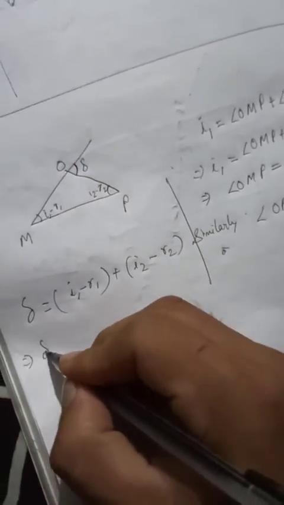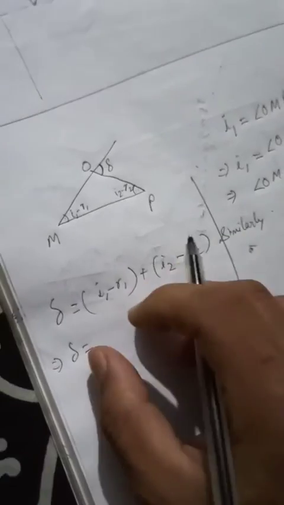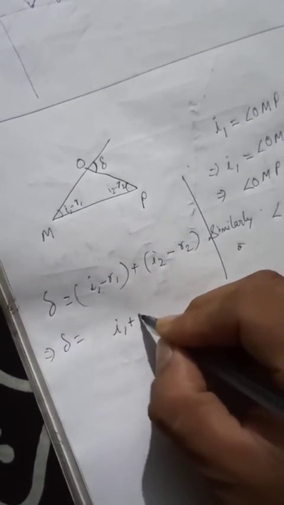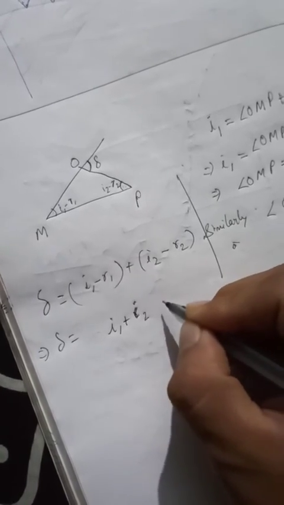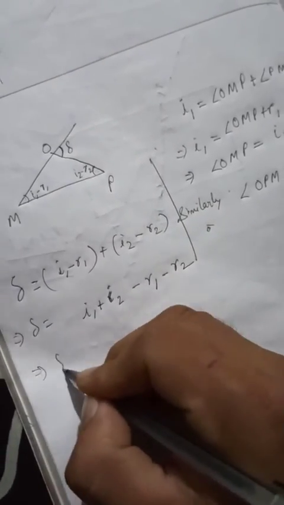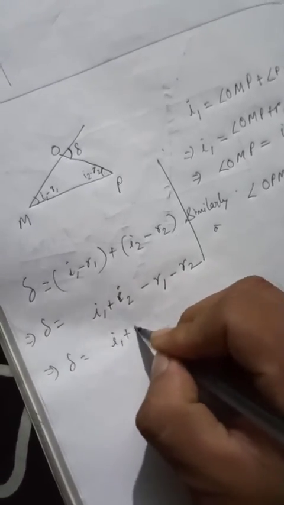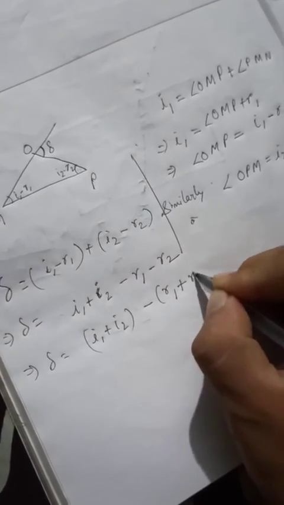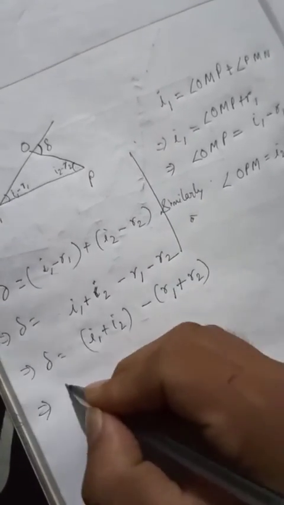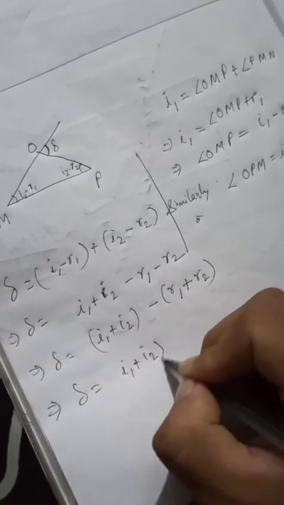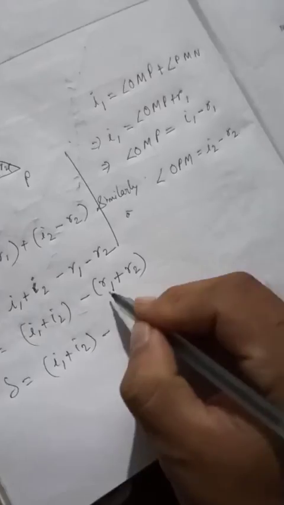Now delta is equal to, make the I together and R together, so I1 plus I2 minus R1 minus R2. It implies that delta is equal to I1 plus I2, take minus common, then it will become minus (R1 plus R2). So delta is equal to I1 plus I2 minus (R1 plus R2).